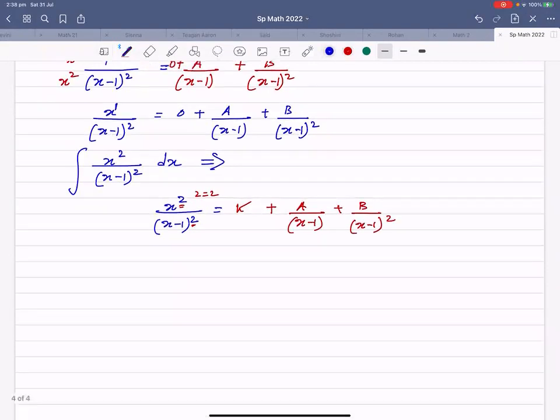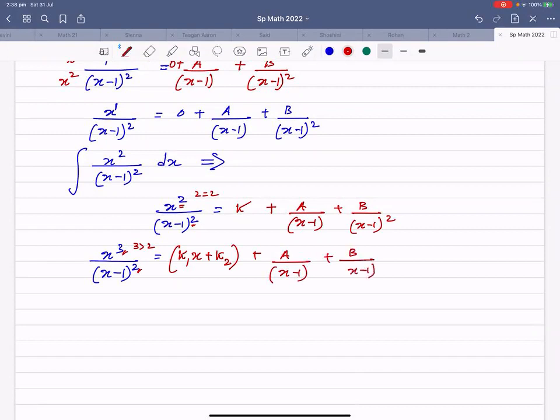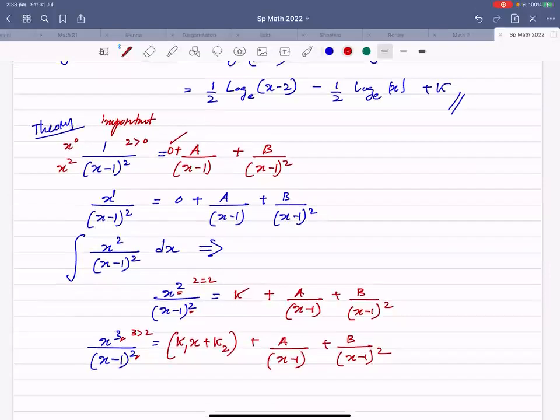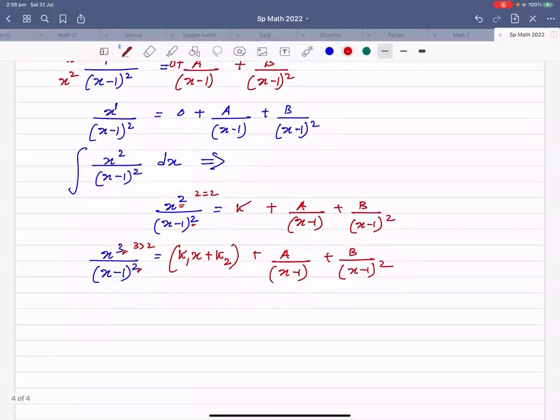And then again, if you have x cubed over (x minus 1) squared, then you can see here 3 is greater than this, so you use k1 x plus k2, because the difference is 1, plus a divided by (x minus 1) plus b divided by (x minus 1) squared. Same structure, okay, same structure is coming up here.